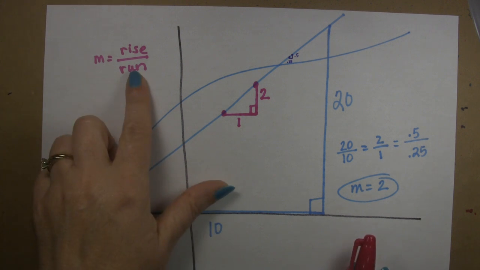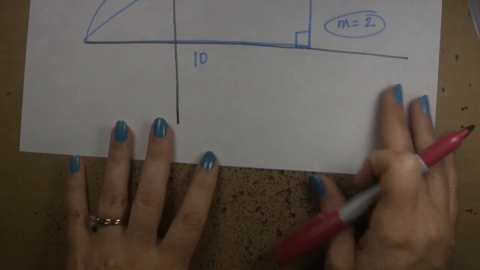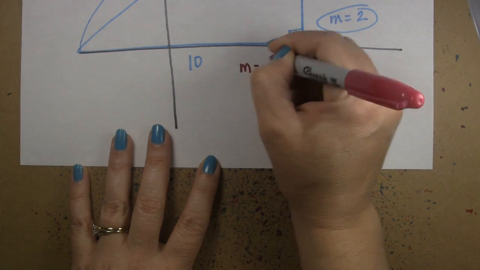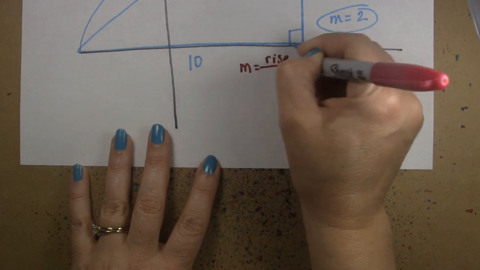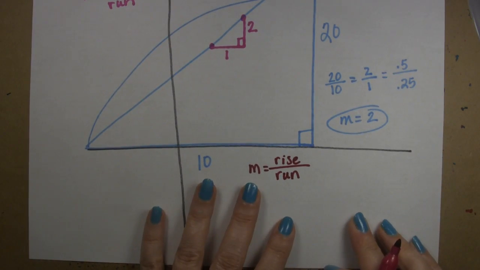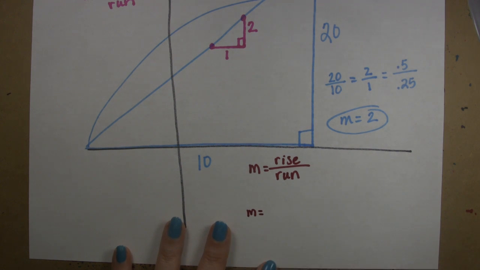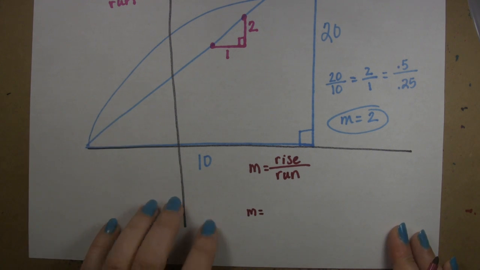So let's talk for a second about this formula. M equals rise over run. I'm just going to write it down here again. M equals rise over run. I want to write it again because it is written differently at different times, depending on who wrote the math book that you're reading or who's writing the problem up on the board.